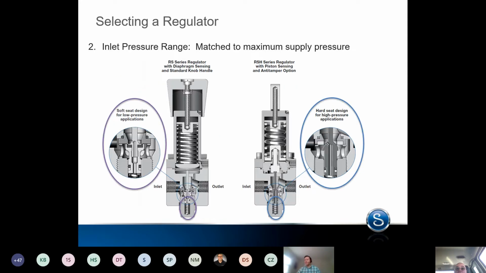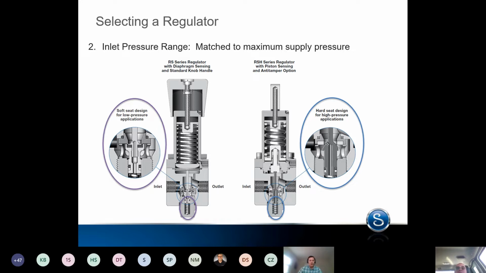So once we've figured out the function of the regulator, the first thing is to ensure that the inlet pressure range matches what we expect the system to deliver. And that's going to affect two components in the control element, which will drive some of the regulator's behavior. The first is the seat choice.